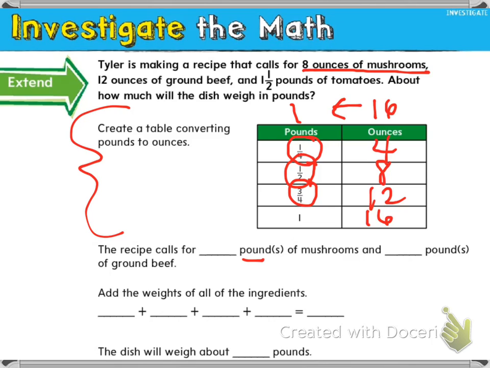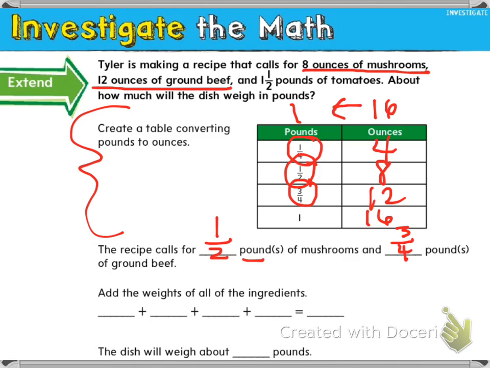Well, if we look at our conversion table right here, I see 8 ounces, and that equals 1/2 of a pound. Okay, good. So the recipe calls for 1/2 a pound of mushrooms and blank pounds of ground beef. It says 12 ounces of ground beef. So if I look at my conversion table, 12 ounces equals 3/4 of a pound of ground beef.